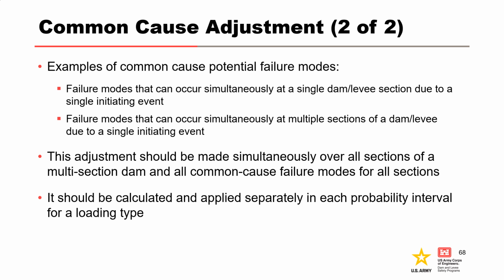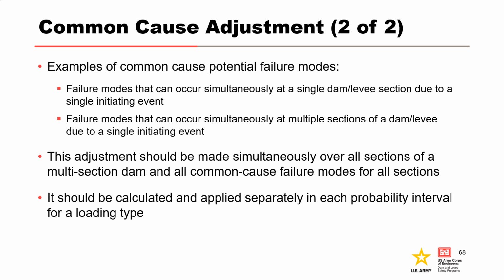So what kind of failure mode should we consider a common cause adjustment? We would consider common cause adjustment for failure modes that can occur simultaneously at a single section due to a single initiating event, such as concentrated leak erosion along a conduit and backward erosion piping beneath the same conduit. We would also consider an adjustment for the potential failure modes that can occur simultaneously in multiple sections due to a single initiating event.